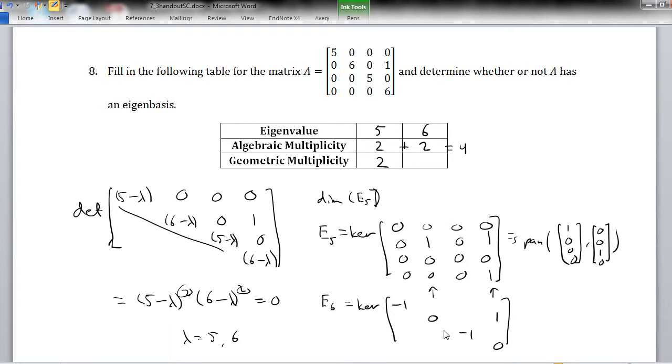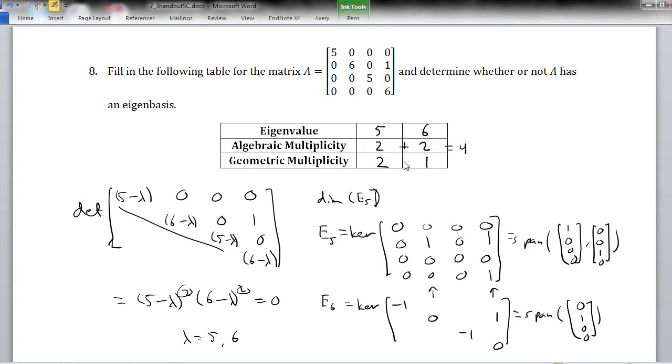Okay, so the first, third, and fourth columns are all independent. This matrix has rank 3 and therefore nullity 1, and so the kernel just has dimension 1, which comes from the fact that the second column here is a 0 vector, so it's going to be 0, 1, 0, 0. That's my basis for E6.